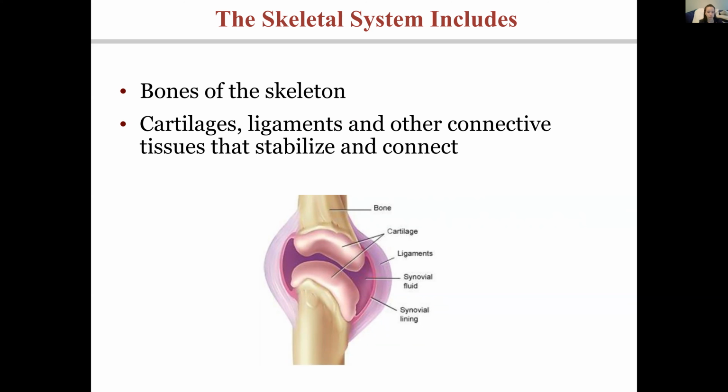That's something that from the get-go, I want us to consider and realize: bone looks fairly stable and static, but it's constantly being remodeled by dietary factors and also physical factors, exercise and so forth.